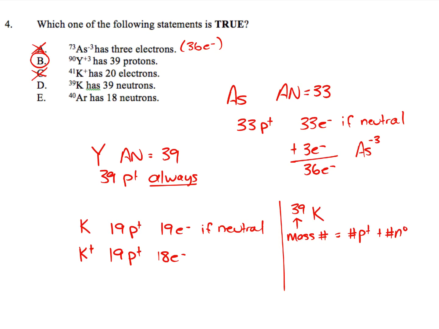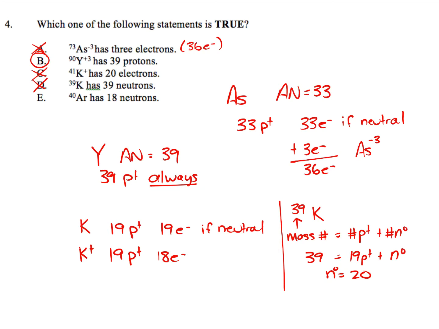Well, potassium always has 19 protons, and the mass number is 39. So solve for the number of neutrons. And 39 potassium only has 20 neutrons. So D is not right.